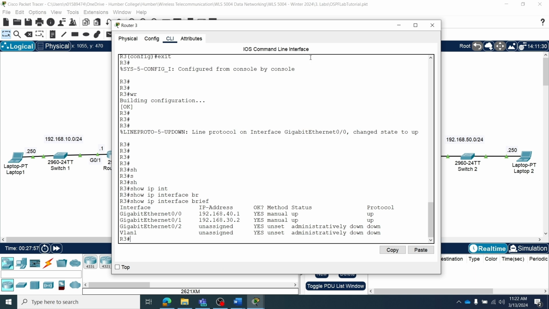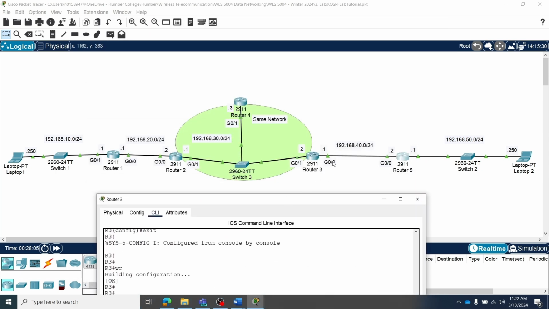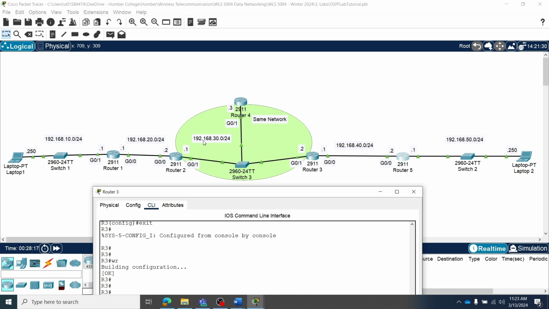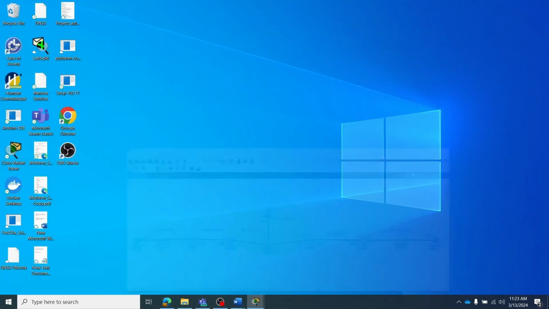Gigabit 0 is 40.1, and gigabit 1 is 192.168.30.2. So the IP configuration is done.